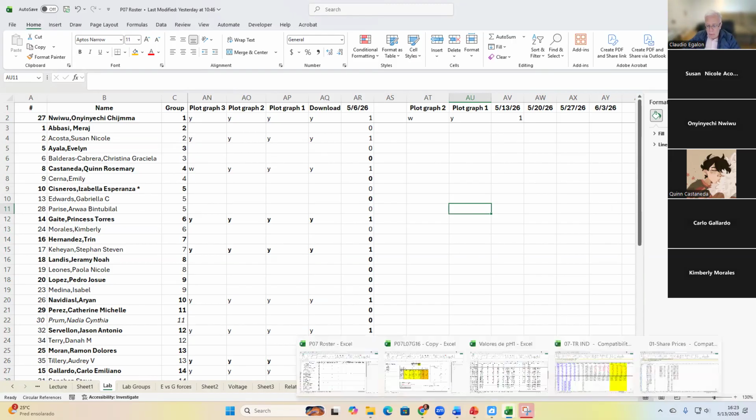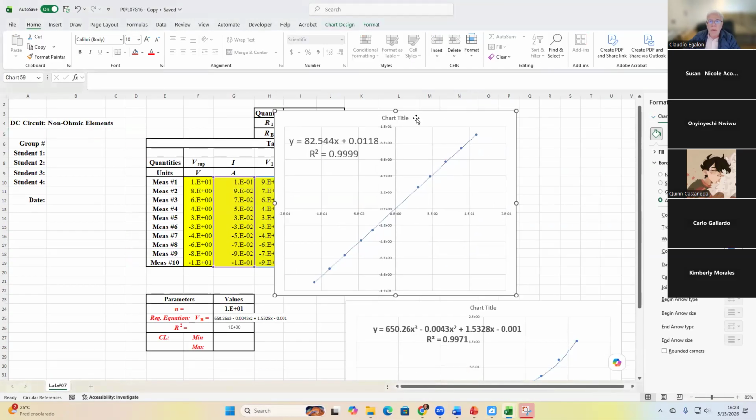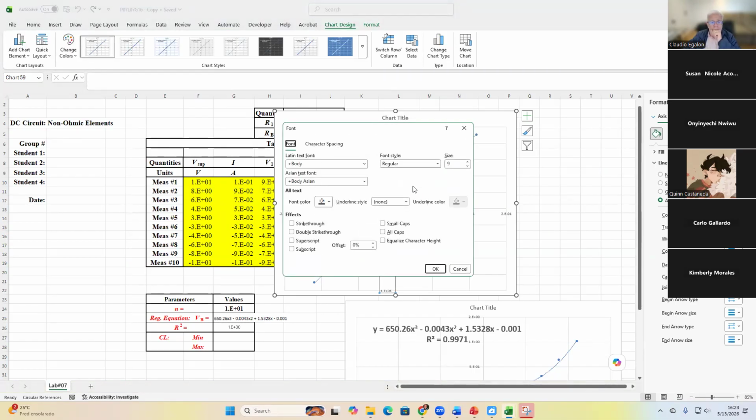When you do the graphs, don't forget to make the graph look nice, right? The first thing that you want to do is to change the font size of the axis along the y direction.